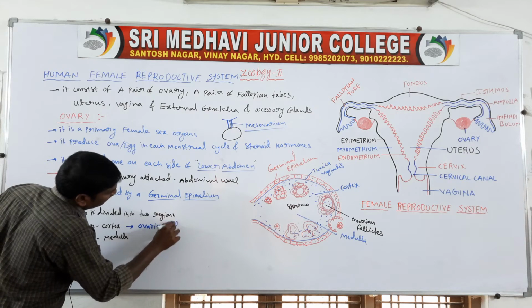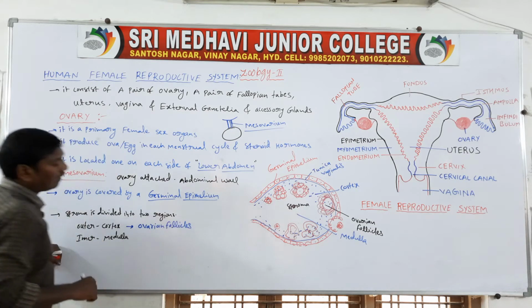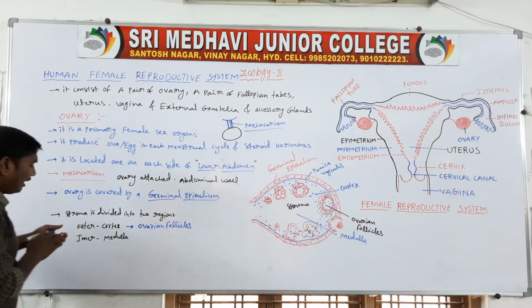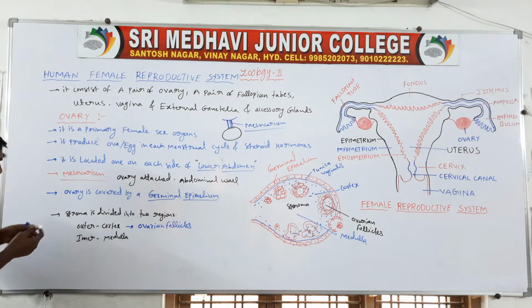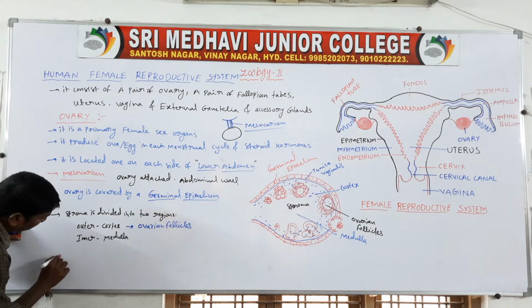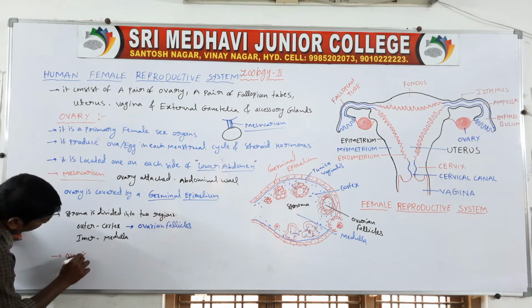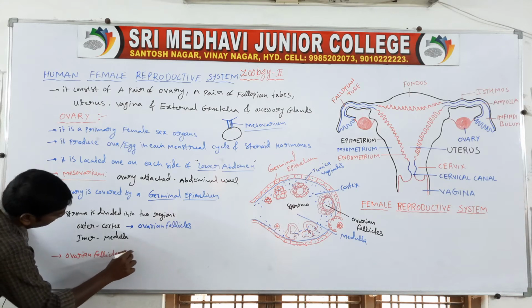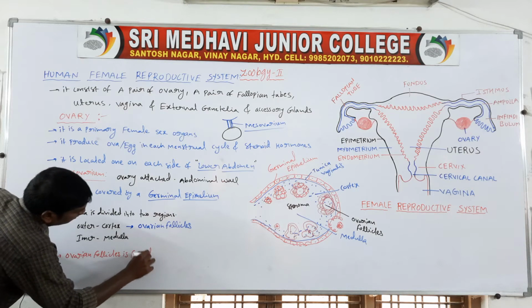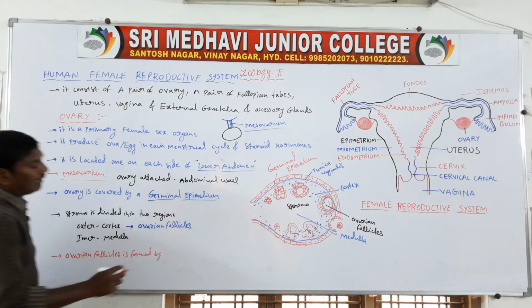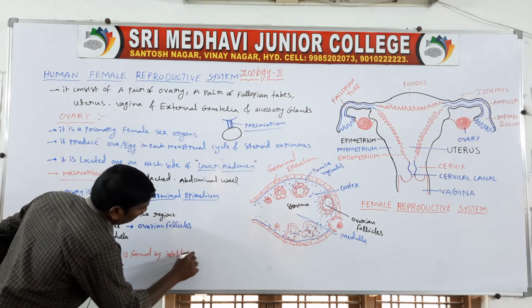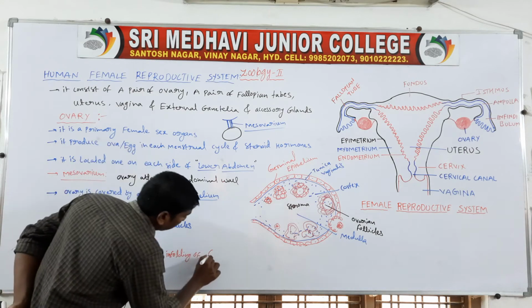Ovarian follicles. So these ovarian follicles are formed by the infolding of germinal epithelium. Ovarian follicles are formed by infolding of germinal epithelium.